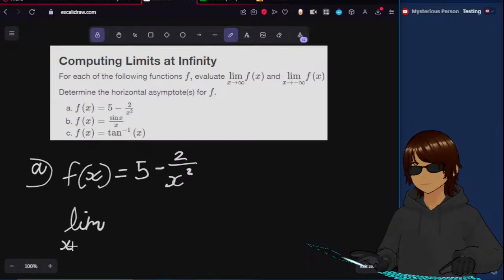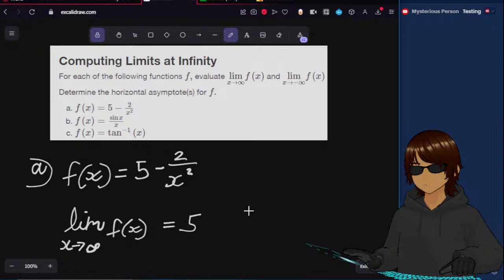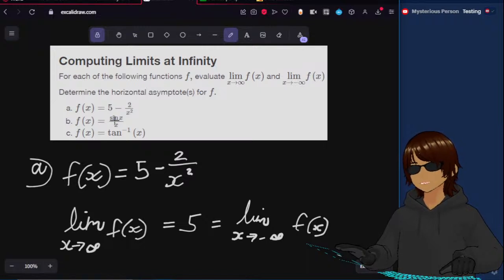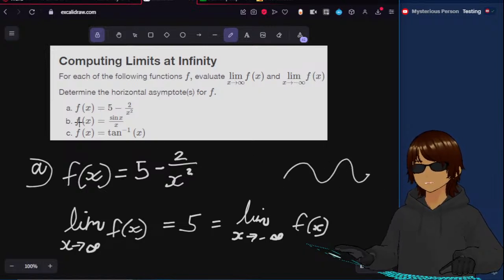So limit, right. This is 0, I think. Yeah, because sine x is just repeating, but then x gets larger, so this will get smaller and smaller.